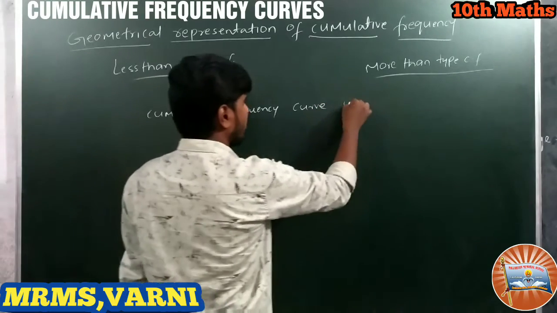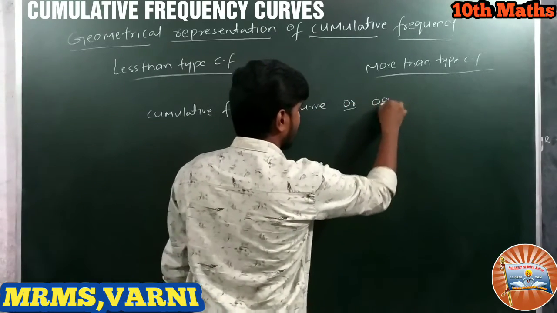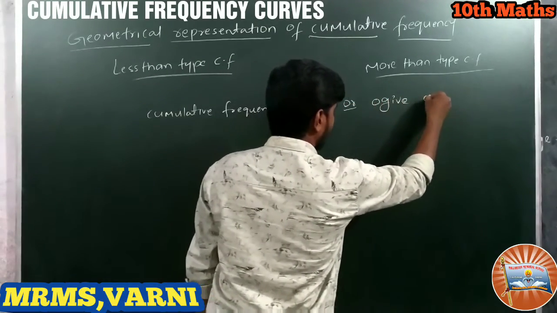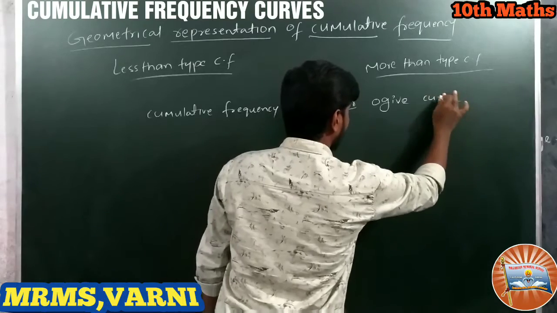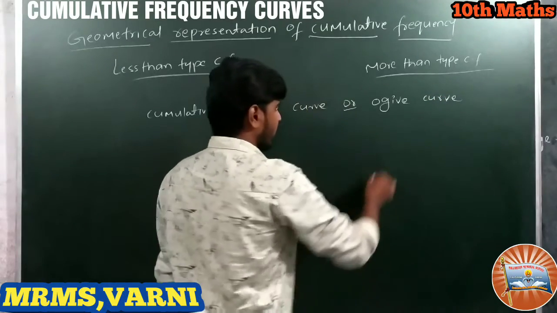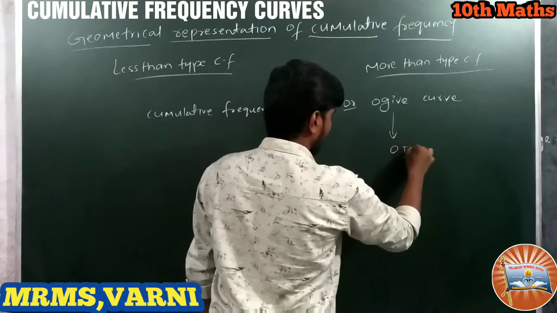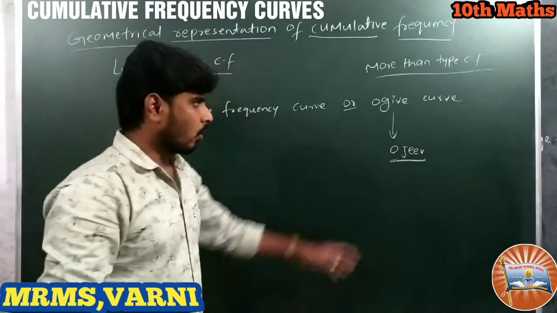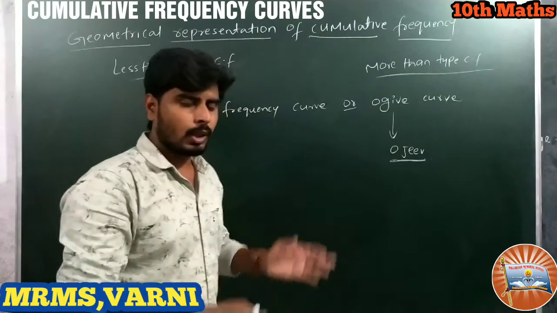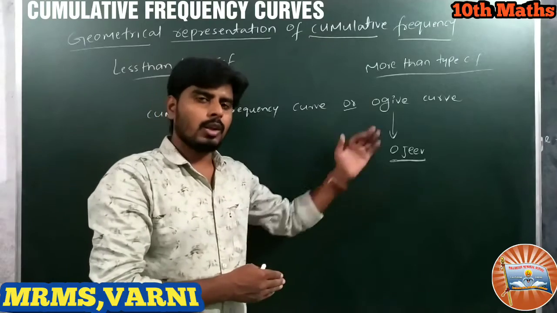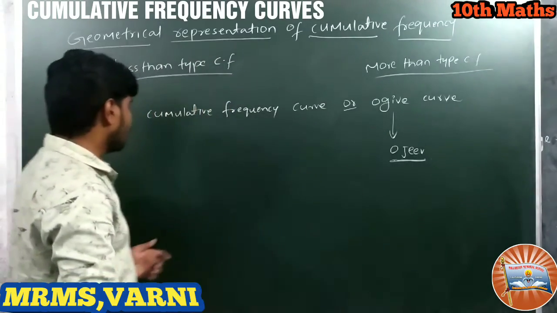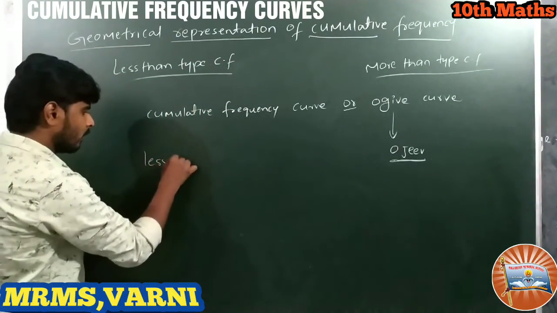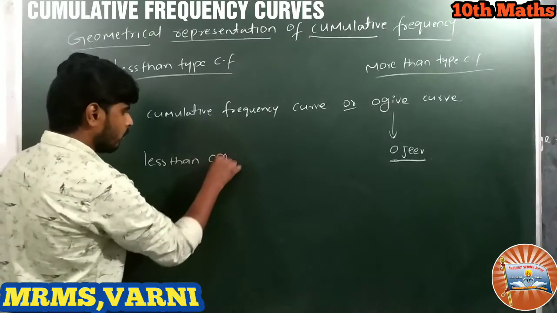or ogive curve. What is that? Ogive curve. This we can pronounce ogive. Okay, ogive curve. The cumulative frequency curve is also called ogive curve. If it is less than type, less than ogive.